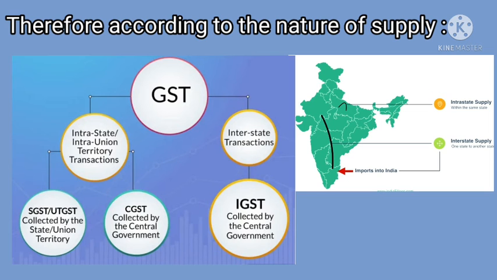In a similar way, a customer of a Union Territory has to pay both the UGST plus CGST. But in case of interstate transaction, a customer has to pay only IGST to the central government. And this is the basic difference between intrastate and interstate transaction.